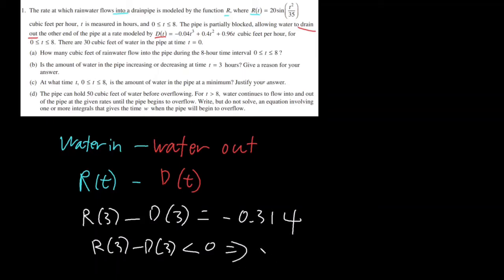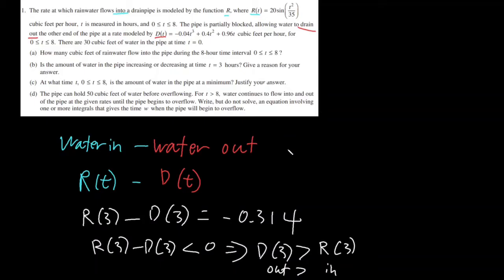So it means that D of 3 is greater than R of 3. Okay? So this means that the water that's coming out is greater than the water that's going in. Right? So out is greater than in. So that means the total amount of water is decreasing because there's more going out than there is coming in.